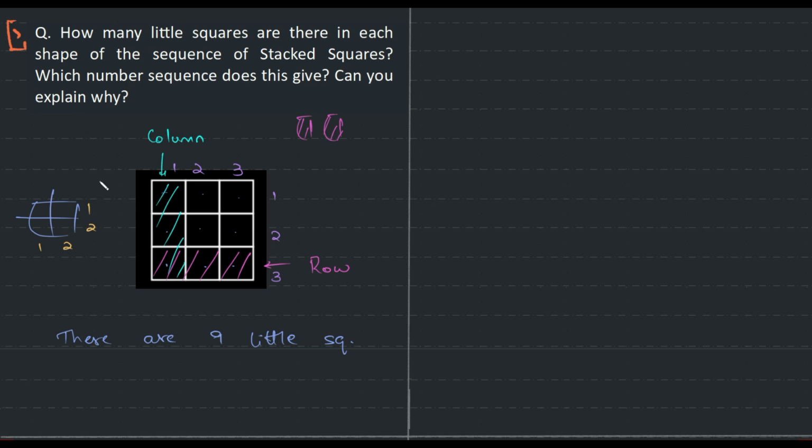Think. I hope you guys did. I'll give you guys a clue. So for a given stacked square, the number of little squares is given by... We need to generalize it and write it in the form of a formula. So let me do that.